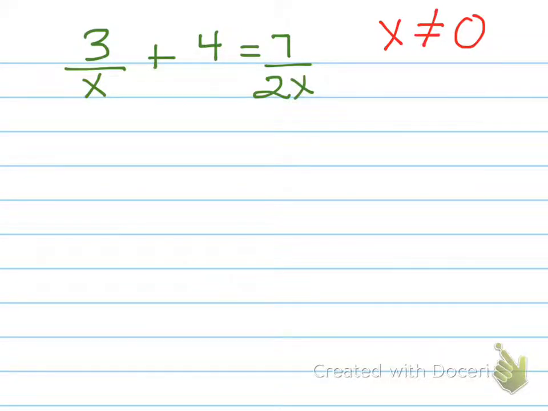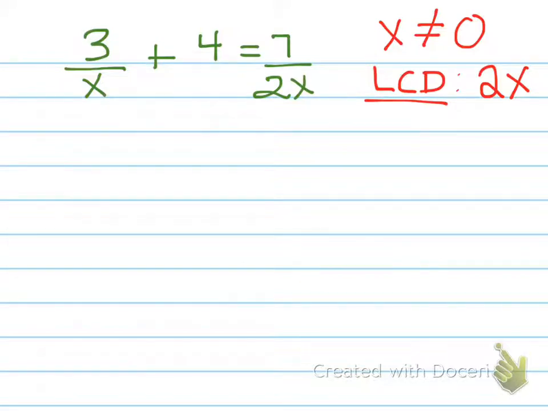And then you also need to still identify the LCD. The LCD in this problem is 2x. Okay, so now this is a different way. You can solve it the way we did before by making sure all the denominators are equal, or the same thing.